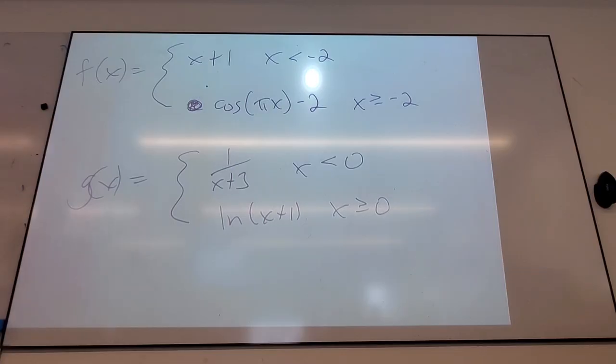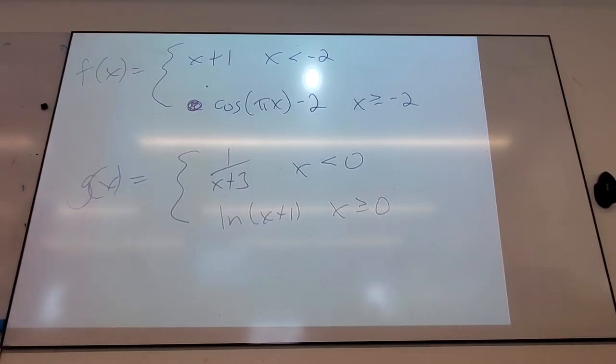Do either one of the functions have a problem based on where they're defined? No, because when I plug -2 in here, it's -1. For the limits, it either has to be, oh wait, you put it. Yes. Yeah, okay. You're good.